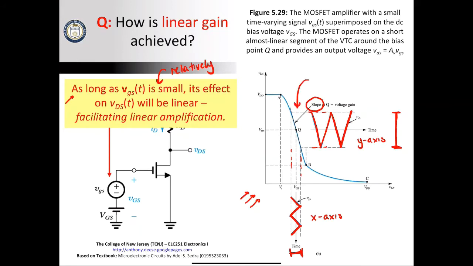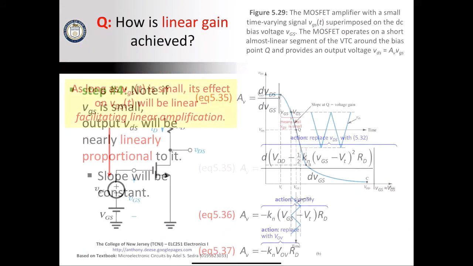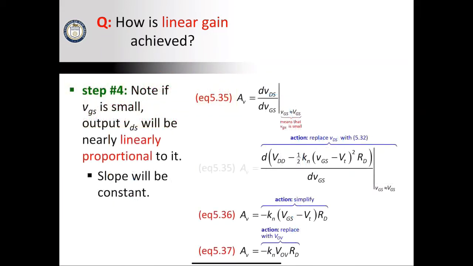So the steeper we can make that slope, the more amplification we'll have. And how do we control that slope? There's a couple things that we can do in order to manipulate it.